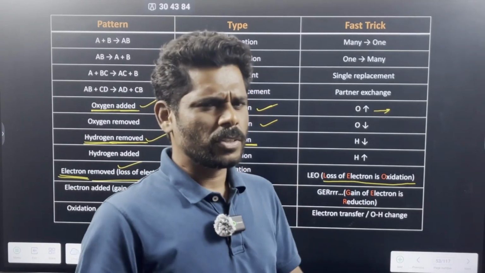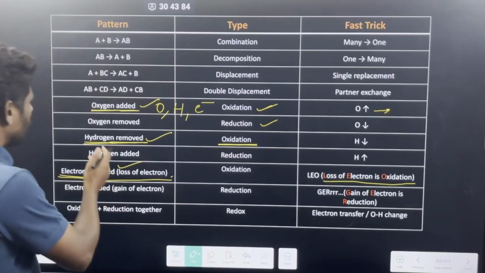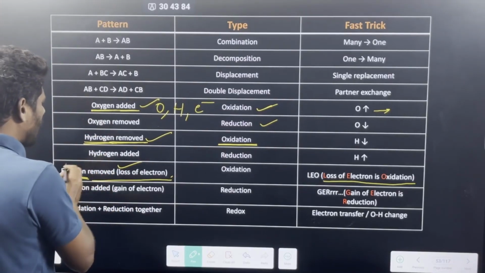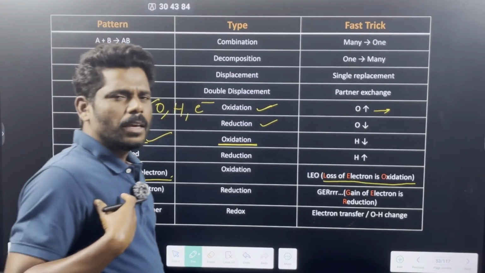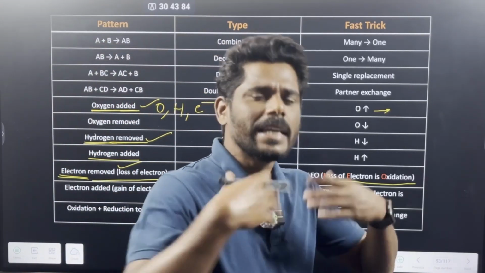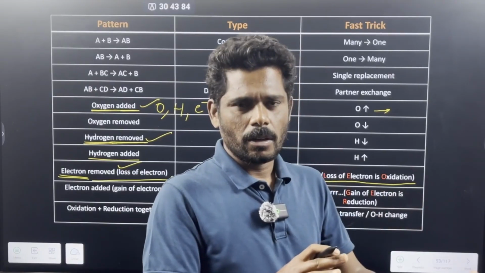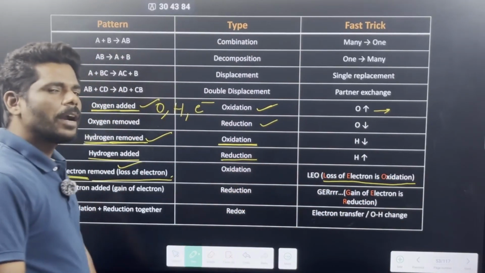So then what about reduction? Obviously opposite to oxidation. Simple. If hydrogen is added to me, now I have changed my character. If hydrogen is added to me, the number of hydrogens with me increased before and after, then tell someone that I have undergone reduction.